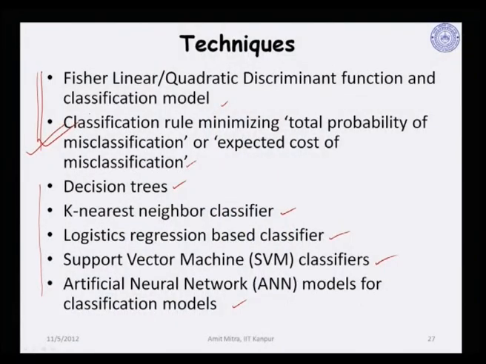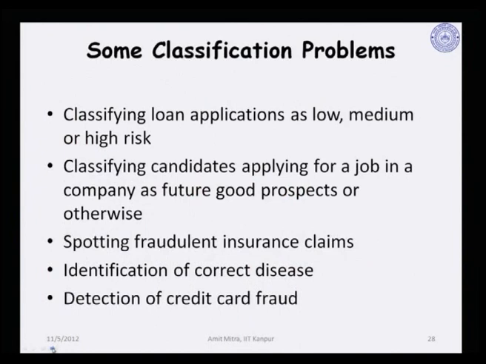So in this course we are going to look at the classical methods of classification analysis, that of Fisher linear discriminant function, and also the total probability of misclassification, expected cost of misclassification, and minimizing classification rules.